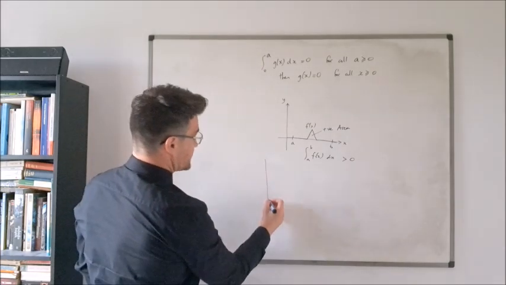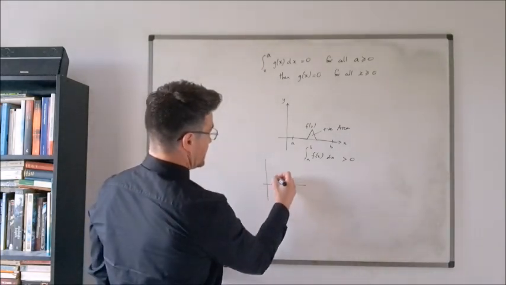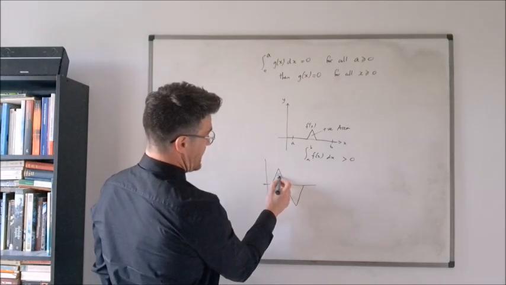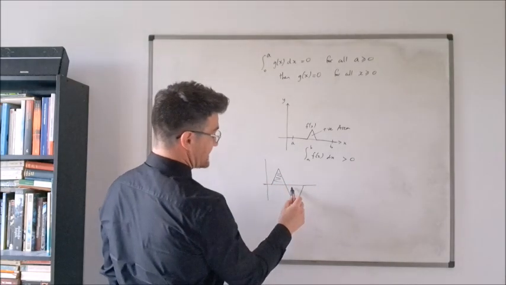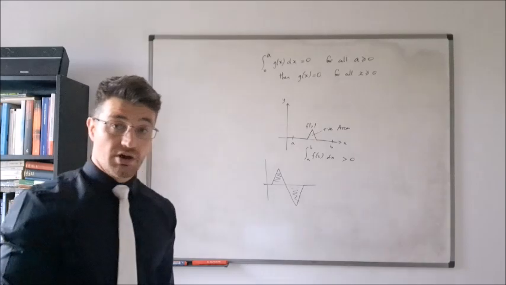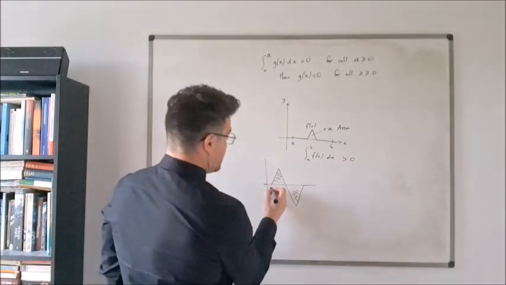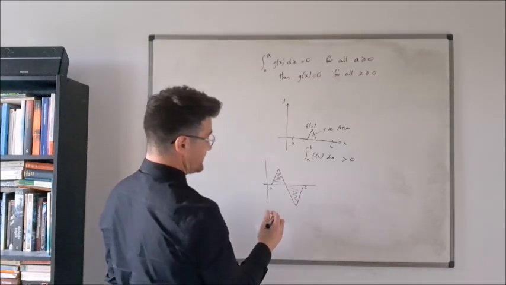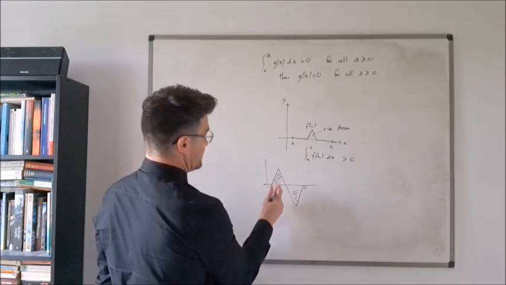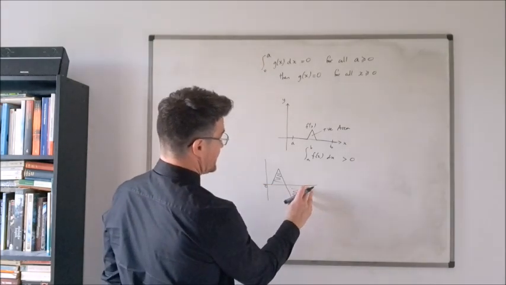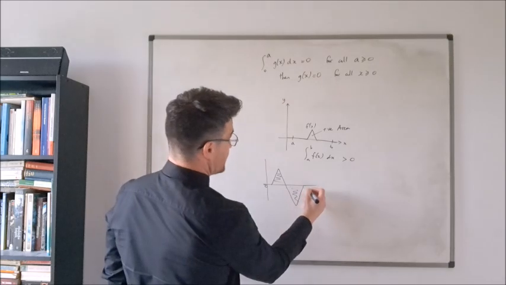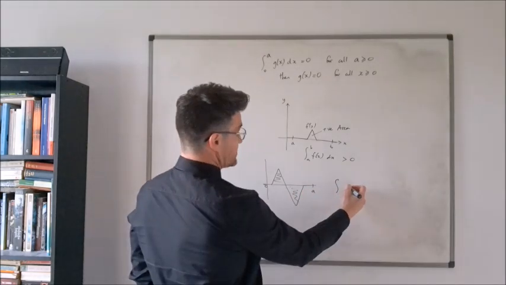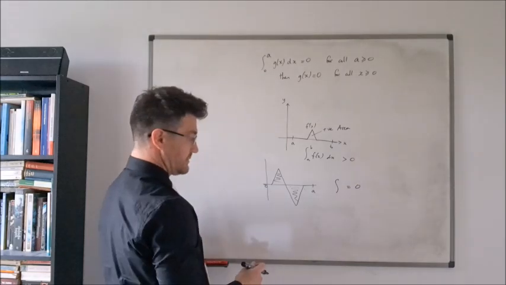So even if my function goes like this, and this area above the x-axis is exactly the same size as the area below, then if I integrate between a and c, the integral is going to be equal to 0.